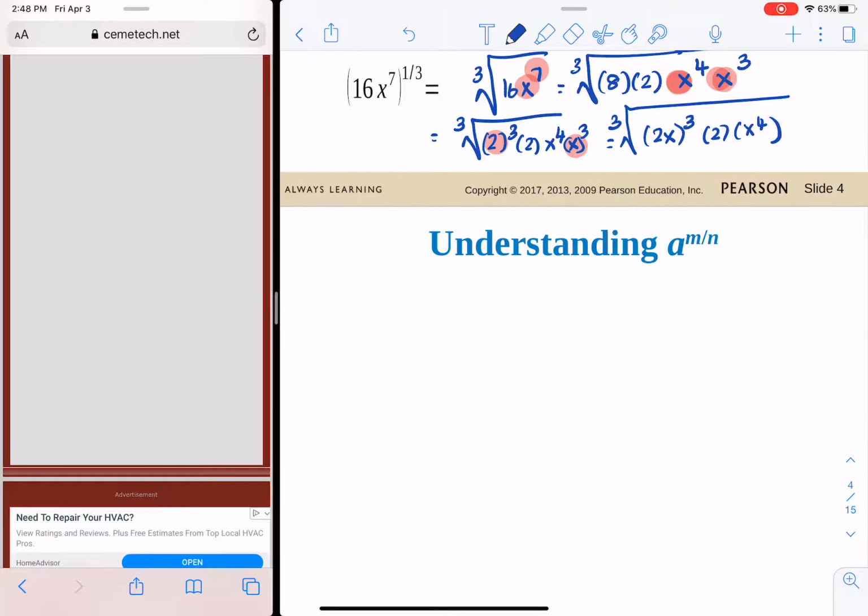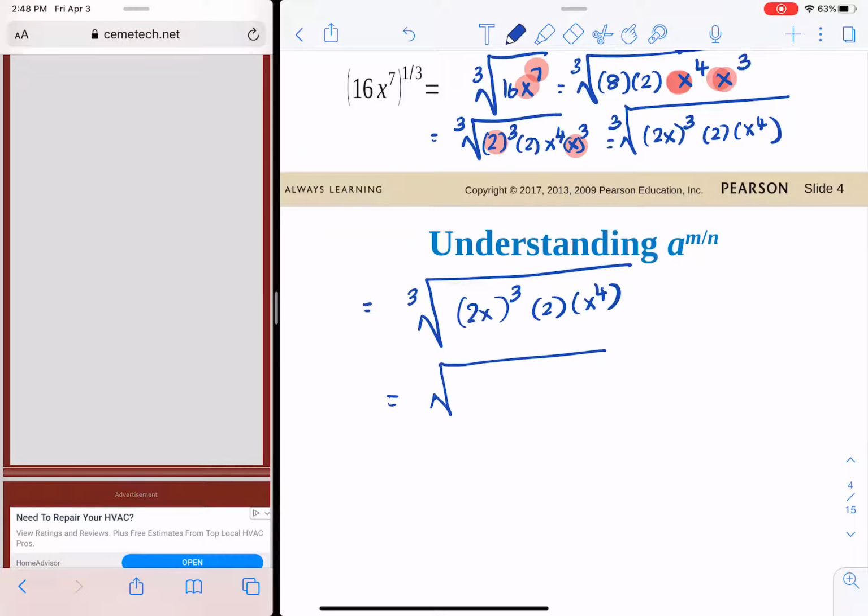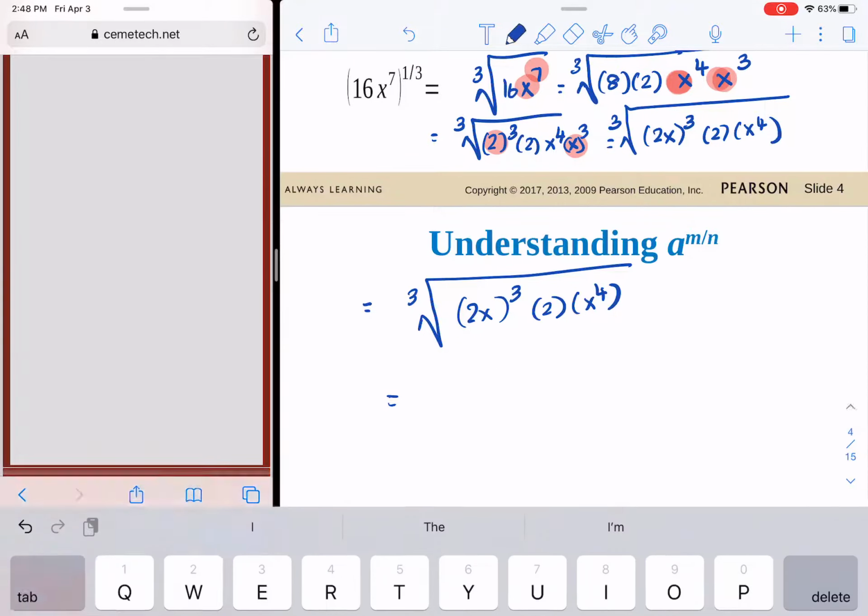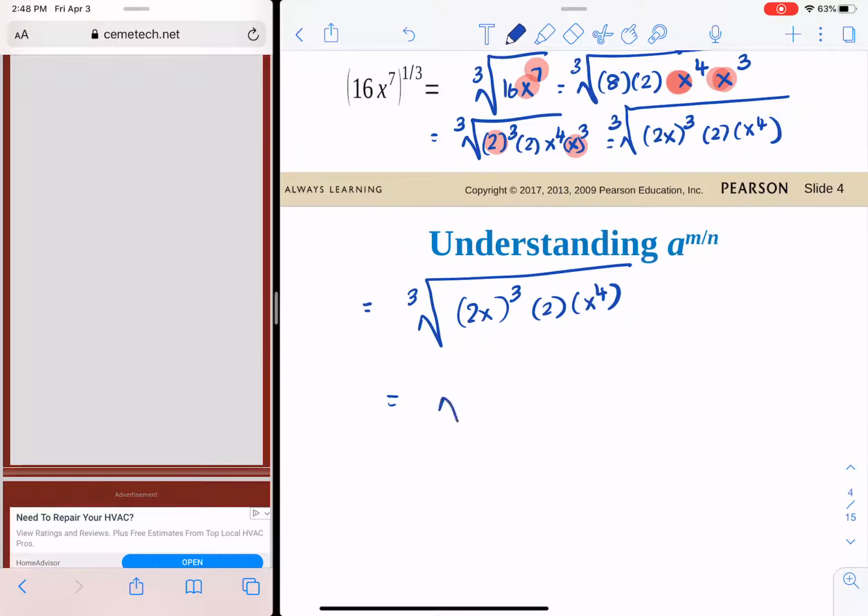I'm going to use the space over here. So since everything is in product inside, I can split the root and write it as the third root of 2x cubed multiplied by the third root of 2 times x raised to 4.